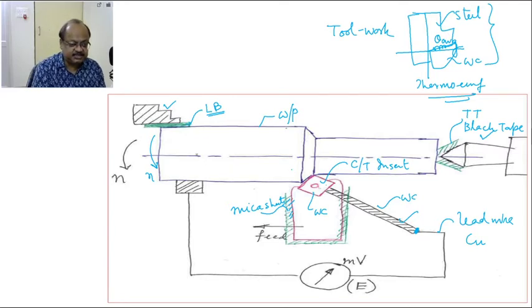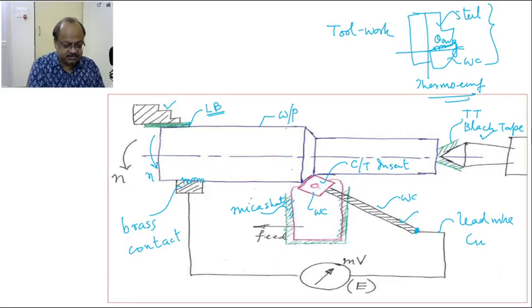On this side, this is rotating, and this is a brass contact. Unfortunately, this brass contact is in contact with the rotating workpiece, so there is a chance of generation of pseudo thermo EMF. So these measurements are to be taken within 10 to 30 seconds before this pseudo EMF affects your result.